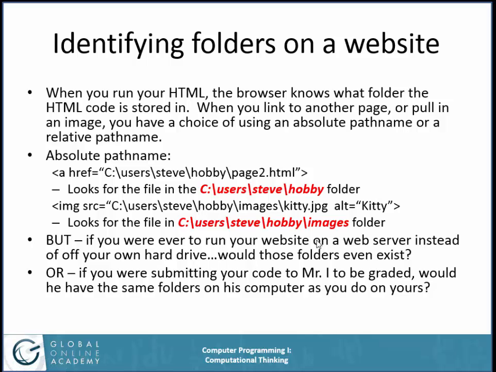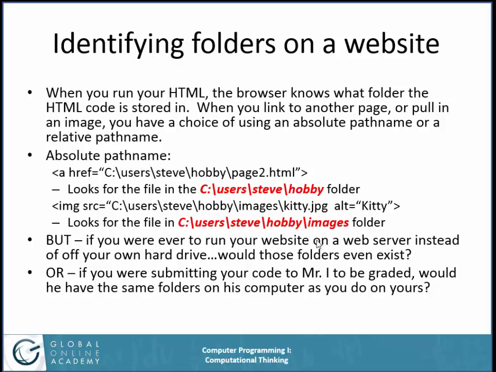Now let's talk about those folders on a website. When you run your HTML, the browser knows what folder the HTML code is stored in. It had to find it in order to be able to run it. So wherever it found it, that's its home directory for that web page. When you link to another page, and you might be doing that with the, remember the A tag that gives us a hyperlink?